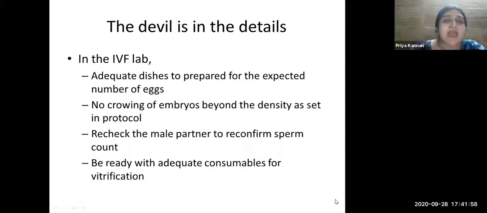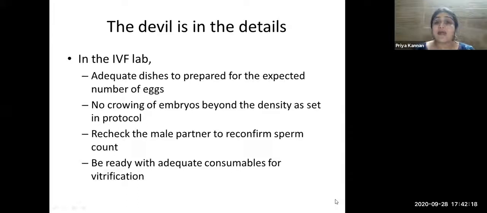For example, every follicle above the size of 12 or 13 mm, I expect will give me a mature egg. So I have to count the number of follicles above 13, and then I say I'm expected to get so many eggs, and hence I have to prepare dishes accordingly.